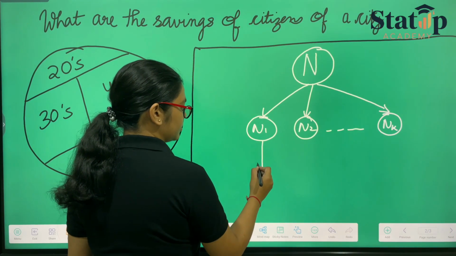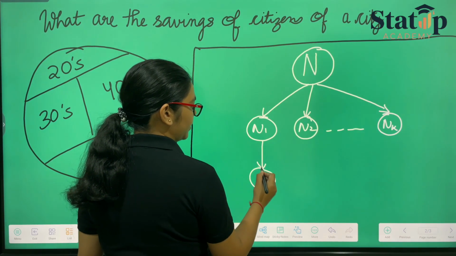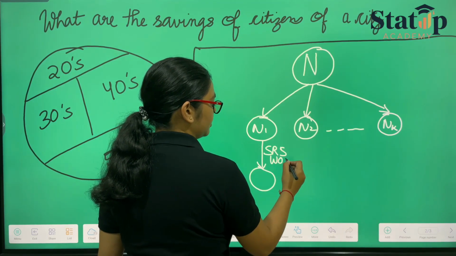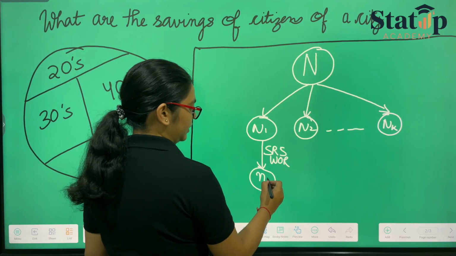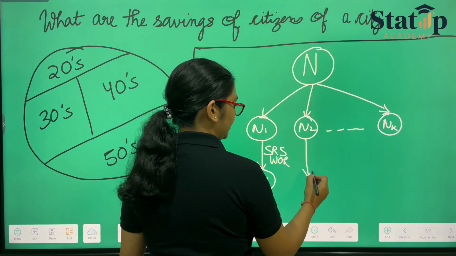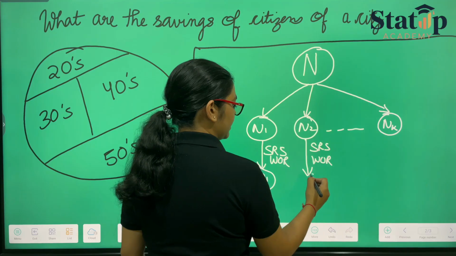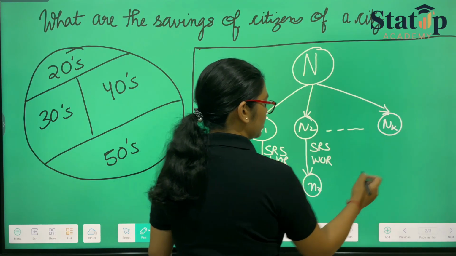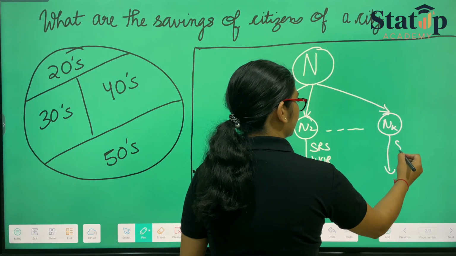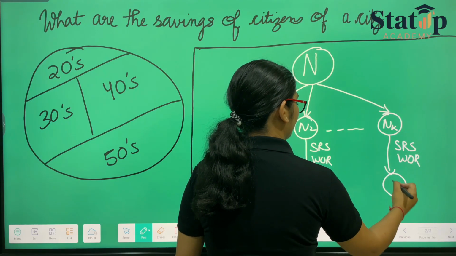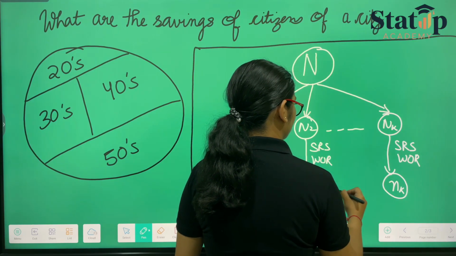And from these strata, we will do simple random sampling without replacement and find sample 1. Same, simple random sampling without replacement, we will find sample number 2. Then simple random sampling without replacement, the kth sample, nk.